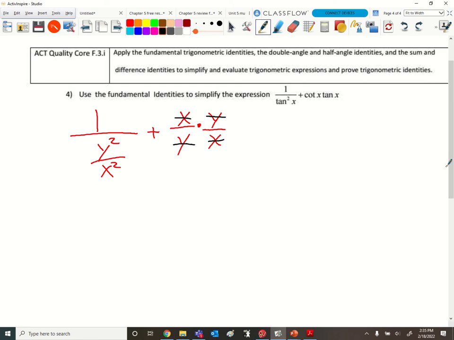So I'm going to multiply by the reciprocal, so it's going to be 1 times the reciprocal, which is x squared over y squared, right? And let's bring down that 1. Okay, so that should be easy right there. So I get x squared over y squared plus 1.